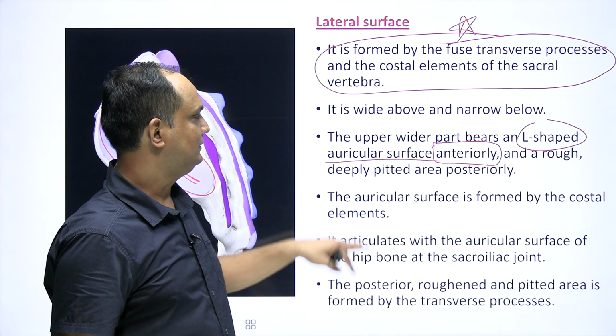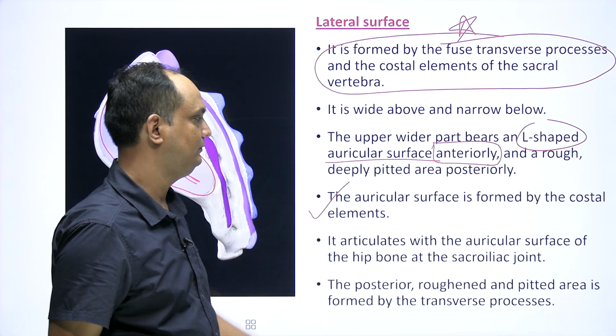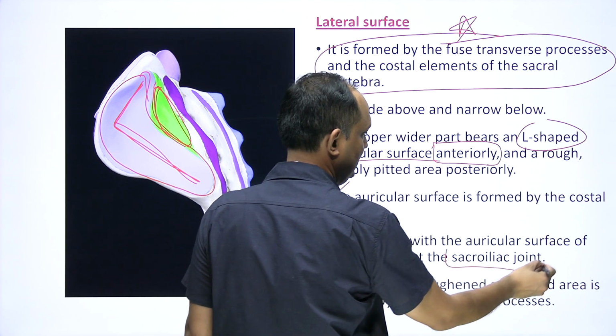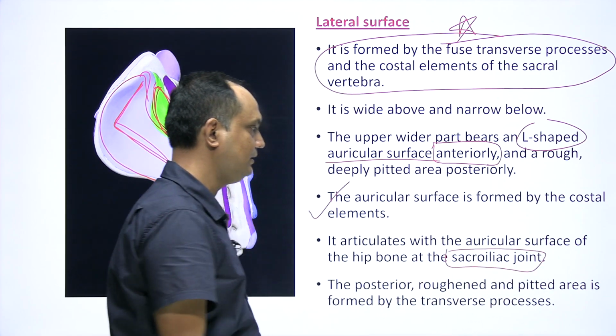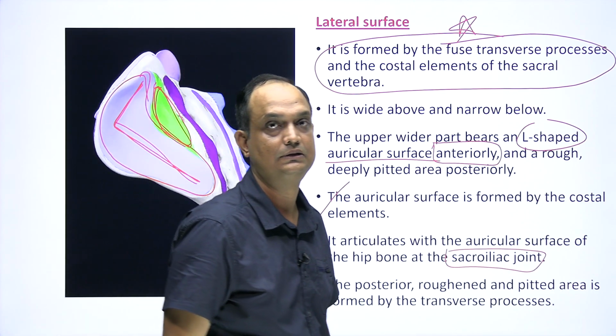The auricular surface is formed by the costal element, and it articulates with the hip bone to form the sacroiliac joint. The posterior roughened and pitted area is formed by the transverse elements. Clear?